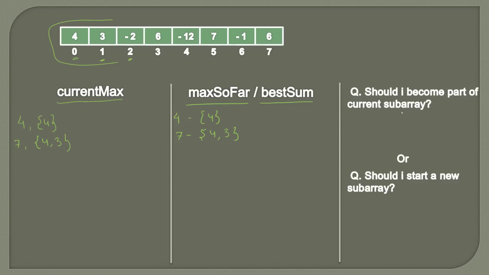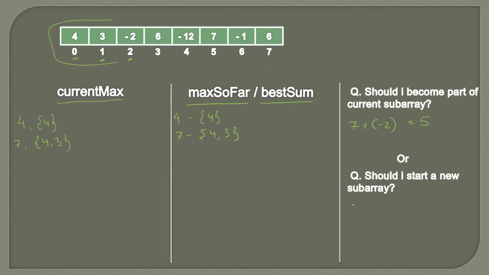So minus 2 will think, should I become part of the current subarray? If it becomes part of the current subarray, the sum would be 7, because 7 is the sum of the current subarray, plus minus 2, which will give it a value of 5. Or it will decide, should I start a new subarray?